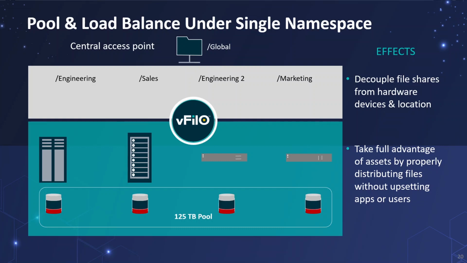Here, for example, you can form a new global share. You can search all the folders without needing to think about which device the file is located on. And you can take full advantage of all these assets by properly distributing files without upsetting the applications or users.